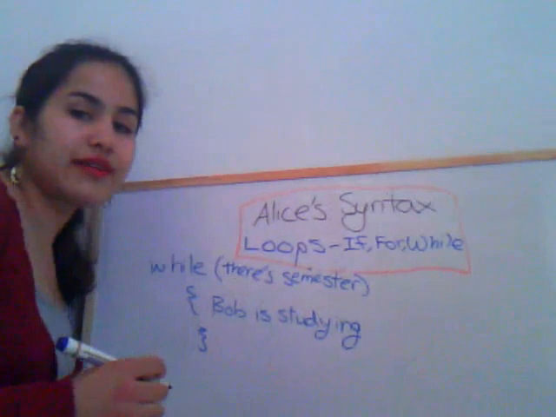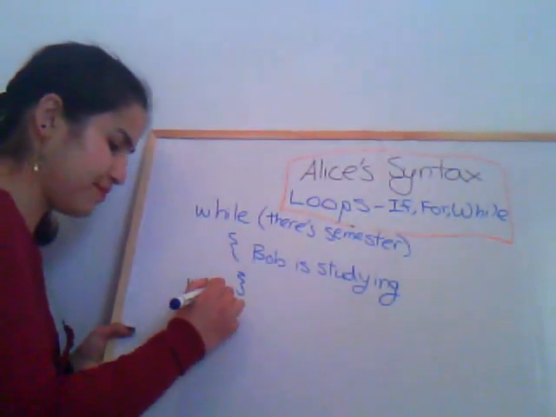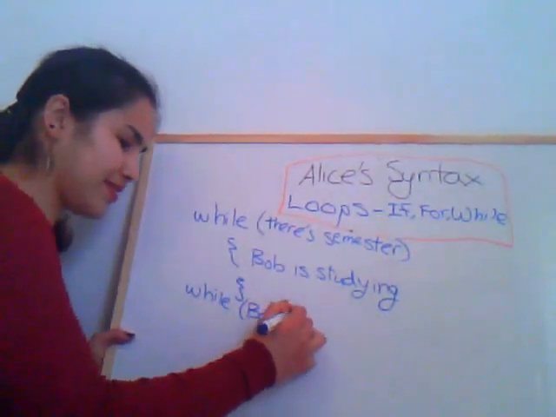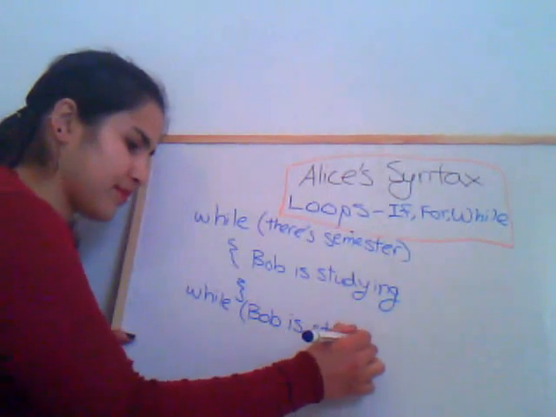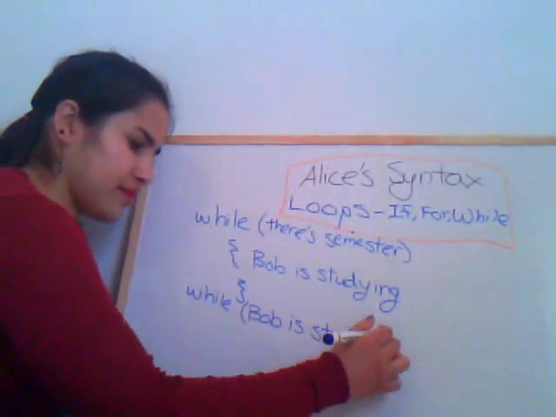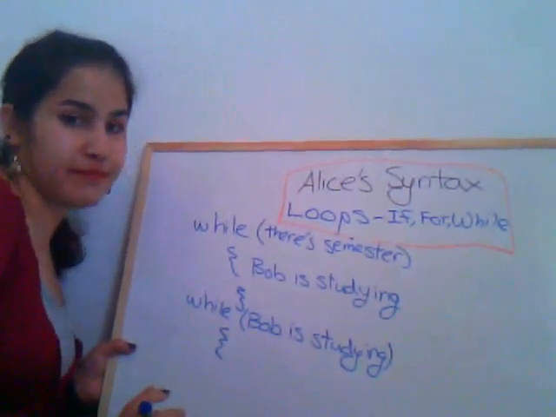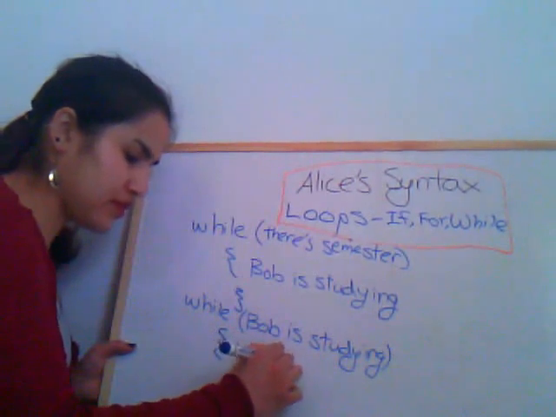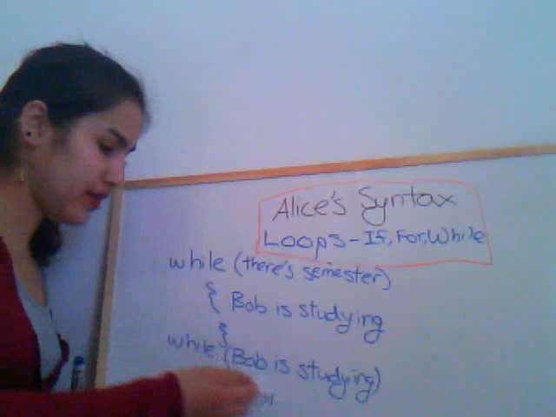And then, now let's go on with this. While Bob is studying, then what can we say about guests? Volume. Then we want to say that the volume of all the guests is under 90 decibels.